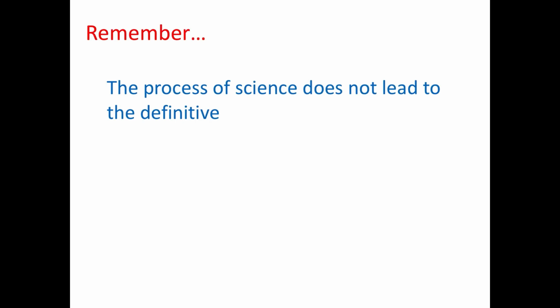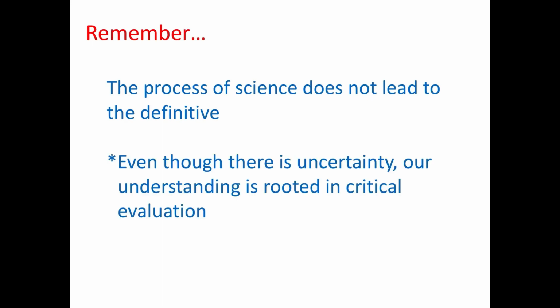So it's important for us to remember that the process of science does not lead to the definitive. Even though there is uncertainty, our understanding is rooted in critical evaluation. And again, this is called comparative critical thinking.